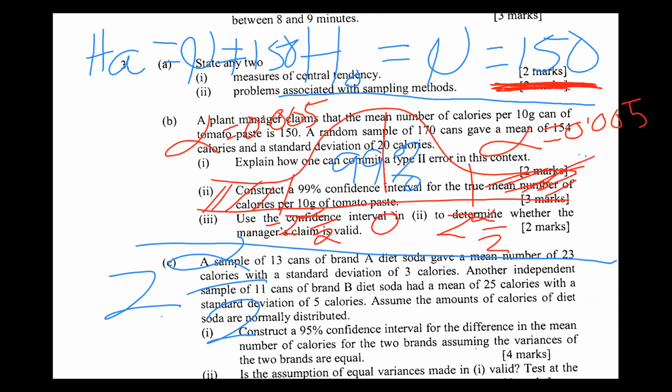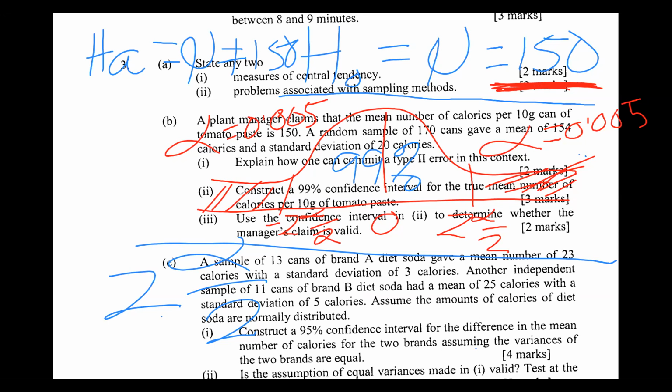Therefore, your alternative hypothesis is not equal. When you're forming the alternative hypothesis, you say it is not equal. If it is not equal, then it should be double-tailed because it can be either greater or less, right? If it is less, that will be the negative side. If it is greater, that will be on the positive side, right?